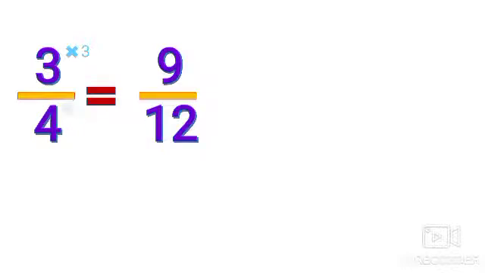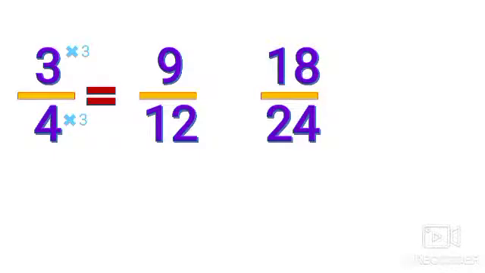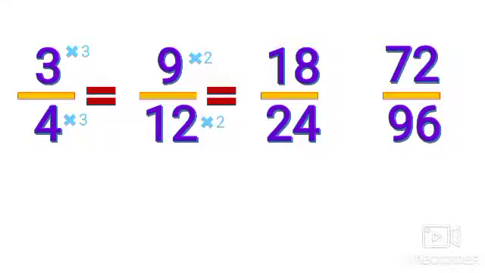So 3 in the numerator as well as in the denominator to get the answer. 18 upon 24: when you multiply by 2 in the numerator, similarly you have to multiply by 2 in the denominator to get the equivalent fraction. 72 upon 96. Any guesses? Which number is multiplied in the numerator as well as in the denominator? That is 4. So 4 in the numerator as well as in the denominator.